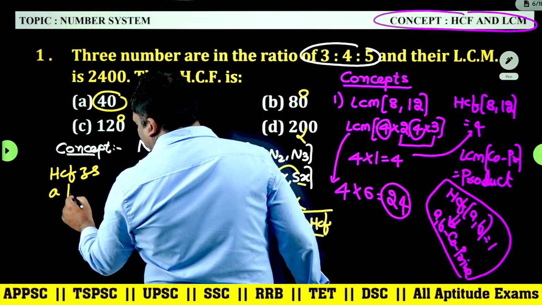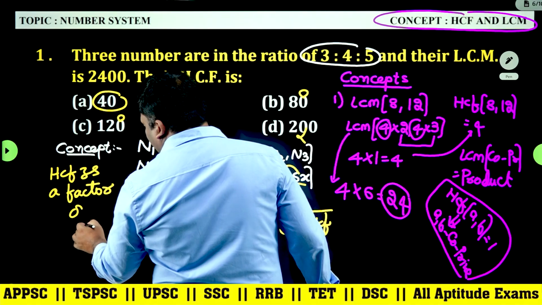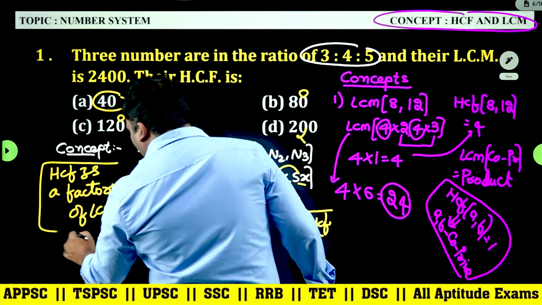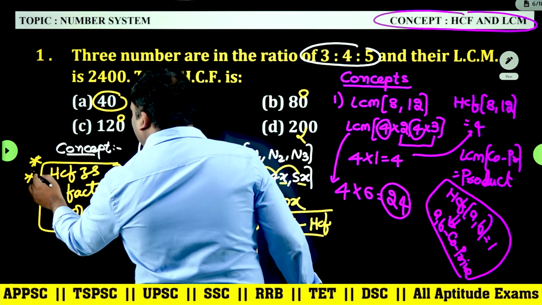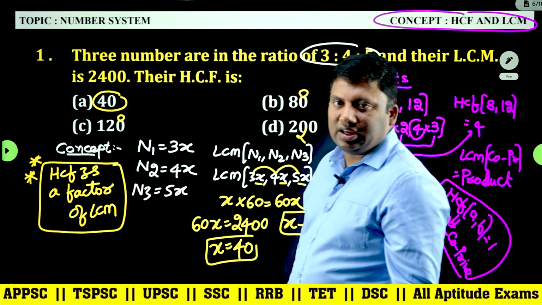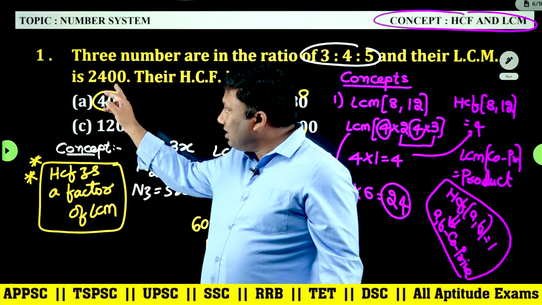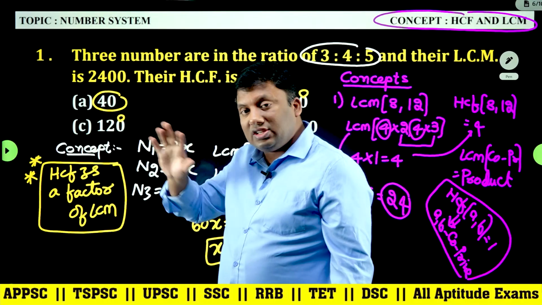If the answer options are changed, you can eliminate options using this concept. 40 is a factor of 2400, but 128 is not a factor.